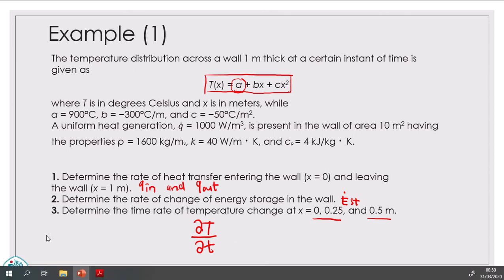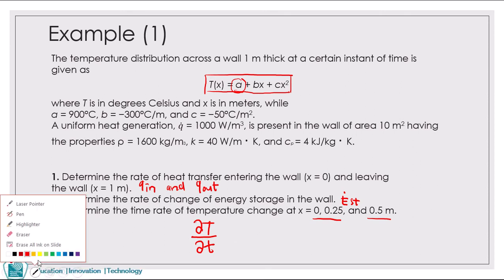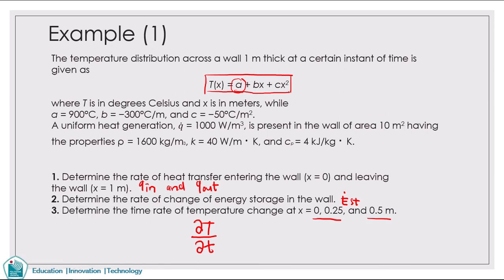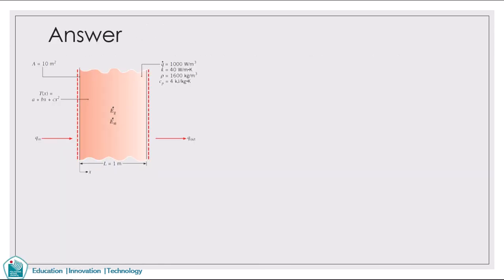Okay, let's change the marker to the black one. So this is how we answer. We need to make the schema of this figure. This is one-dimensional, so there will be a Q input here and Q out.